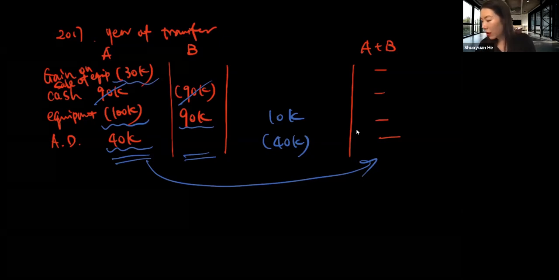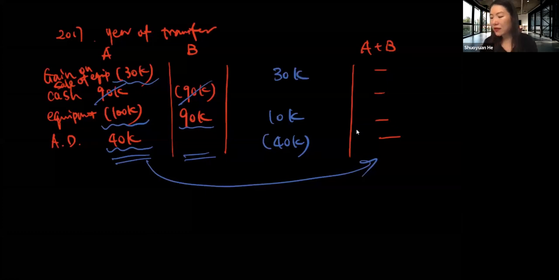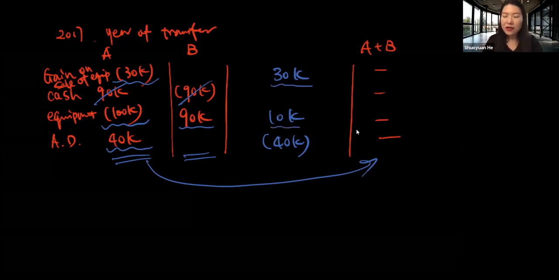So we need to write this off by debiting 30,000 gain on sale of equipment. And this general entry, which is to debit equipment 10,000, debit gain on sale of equipment for 30,000, and credit accumulative depreciation for 40,000, is called the TA entry. So this is the first entry we need to make in the year 2017.